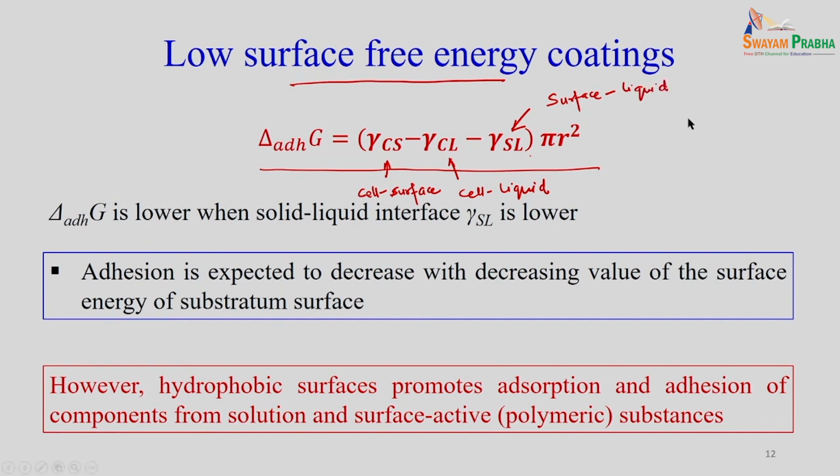So, for favorable adhesion, delta G adhesion should be less than 0. As we discussed, it can be tuned by gamma SL. If the gamma SL value is higher, it means we are going to get a negative value of this, and it will facilitate adhesion.